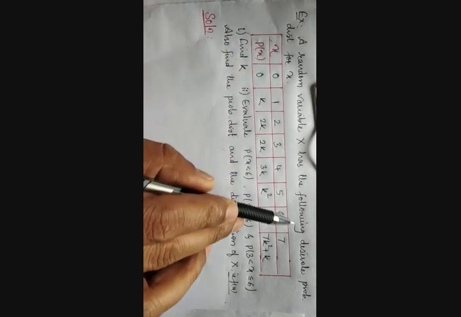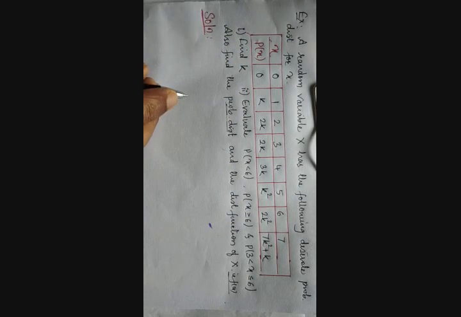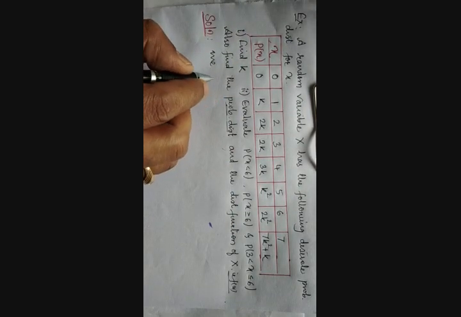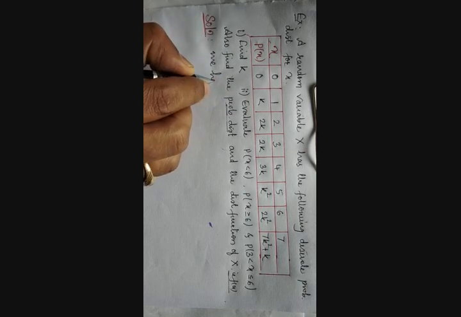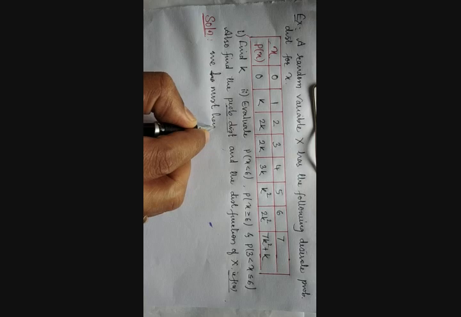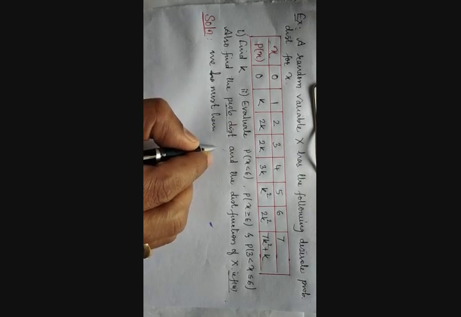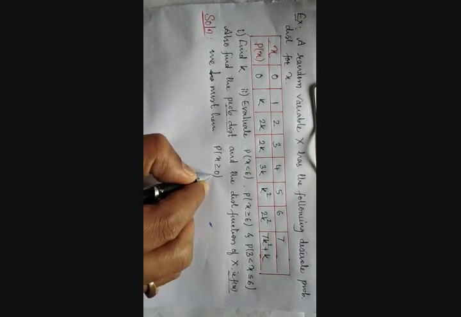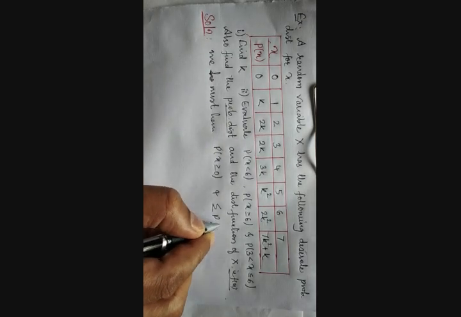A random variable x has this, then we need to find out the probability distribution. That is nothing but a discrete probability distribution. We can say this table is a discrete probability distribution when we have two conditions. One is probability of x must be greater than or equal to 0, and the summation of probability of x must be equal to 1.